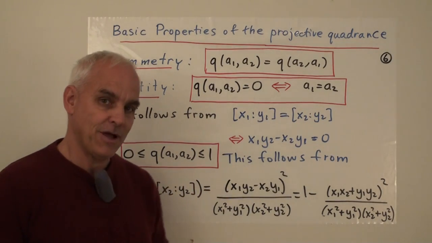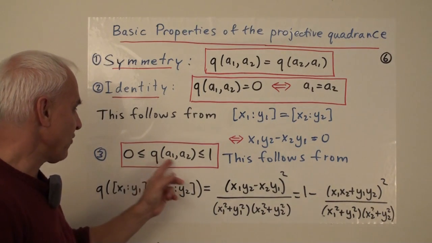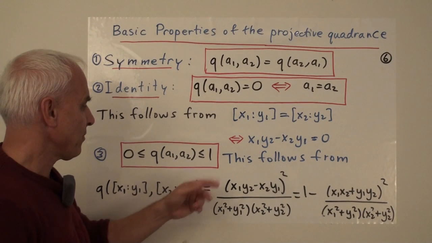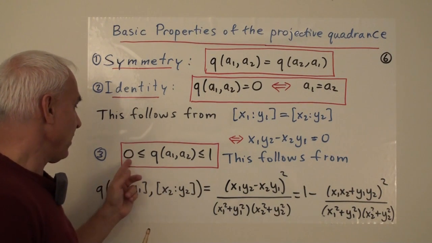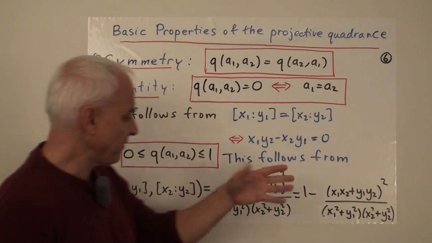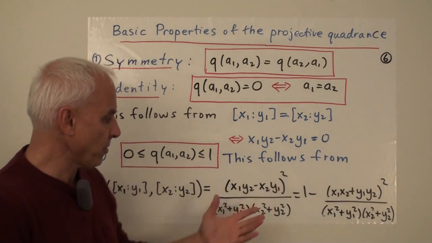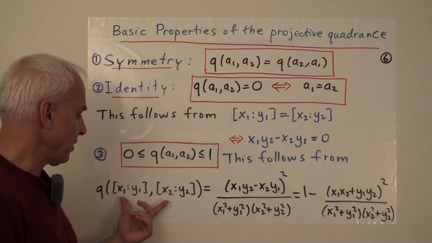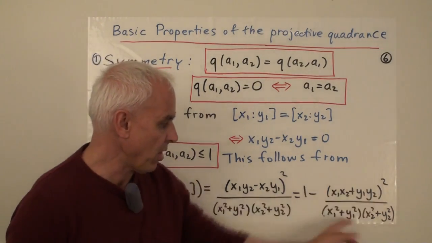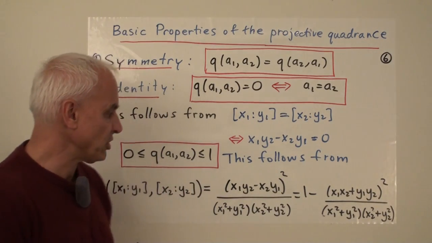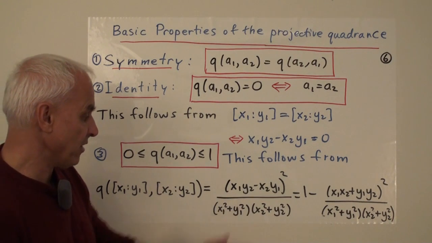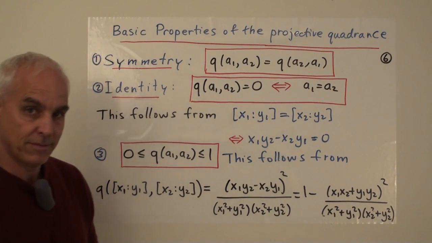And the third observation is that the projective quadrance is always between 0 and 1. These sort of extreme points of being equal and being perpendicular. And this follows from the two different forms we had of the projective quadrance. So here's 2 points, and here's the original definition, and then here is our alternate definition obtained from the Fibonacci identity. From here we can see that the quantity is always positive because everything here is positive.